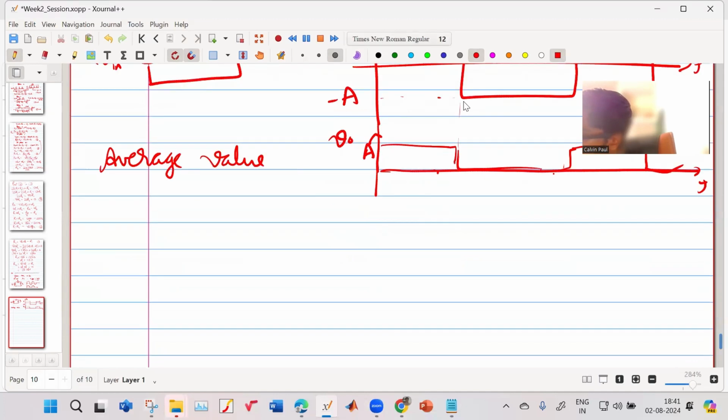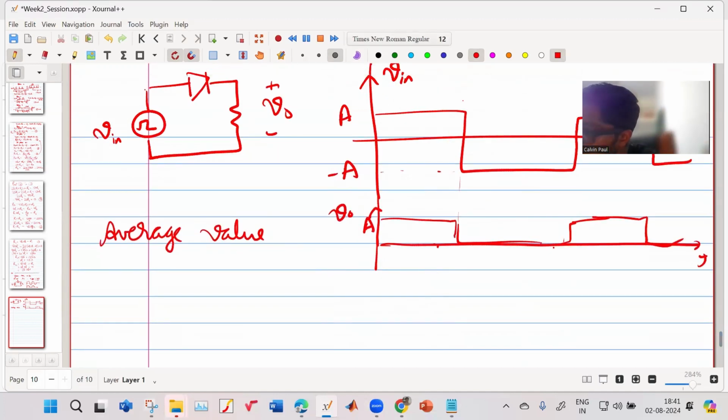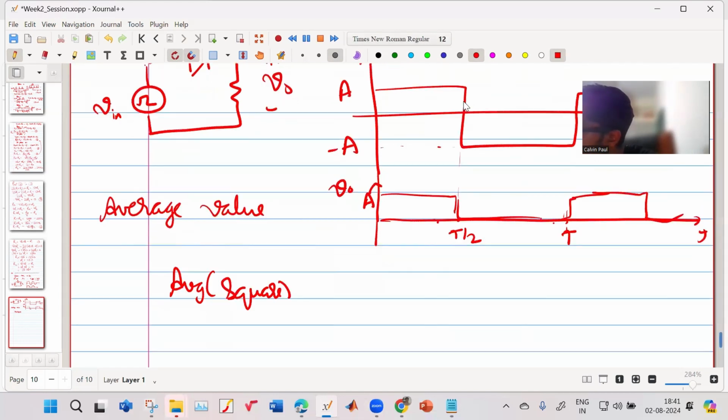Now in the average, what do you do? When you are finding the average of a signal, let us say the average of the square wave I am doing. The time period is T, and this is T by 2. So what I have to do is integrate it: 1 upon T, from 0 to T, V output of t into dt.